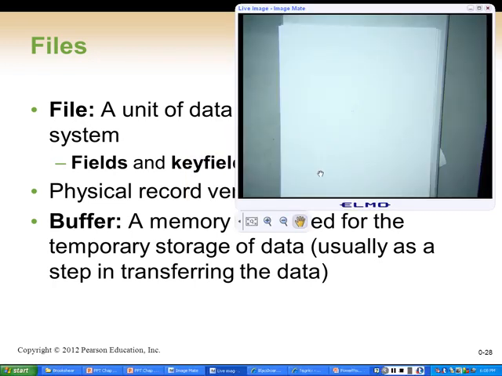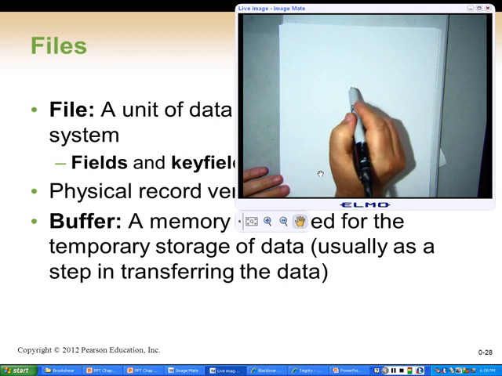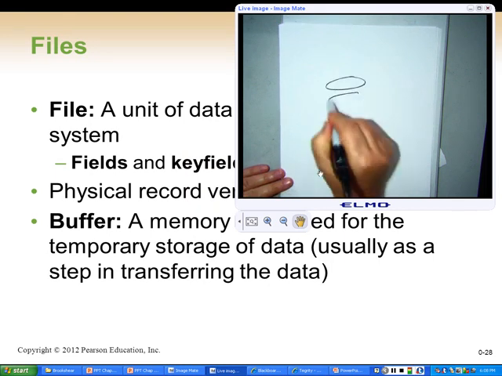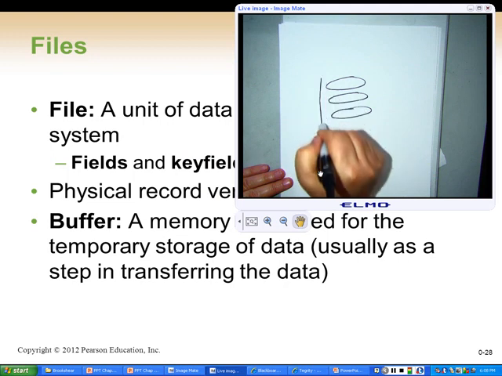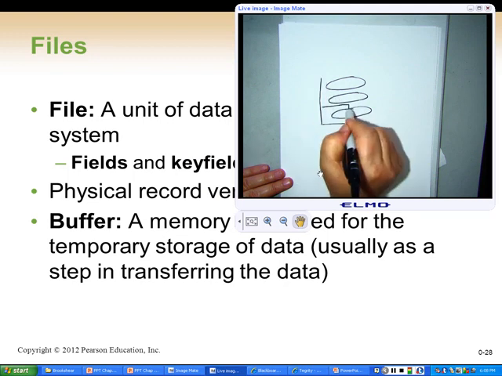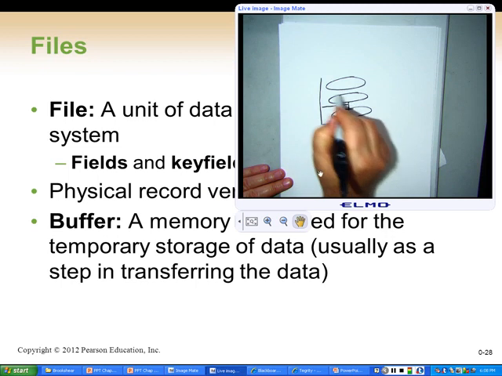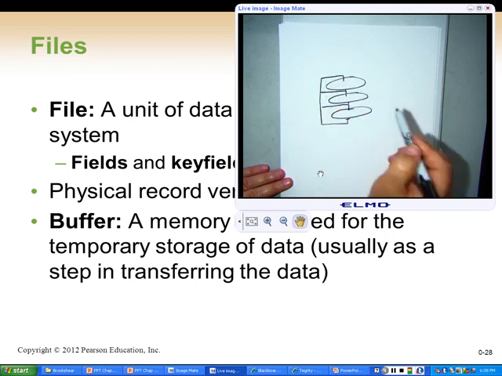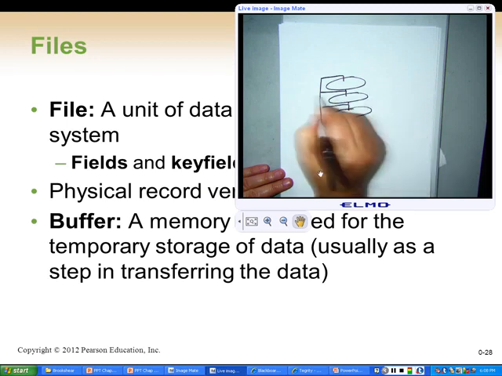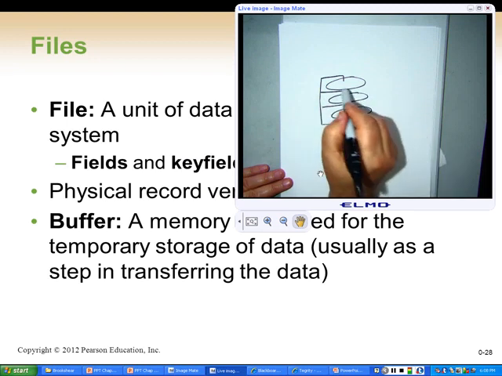If I am looking at the hard drive, for example, it's going to be 2 to 3 CDs on top of each other, and I'm going to have the arm. Remember, the arm is the moving part, and the moving part is always the slowest part in the computer. So they have this moving part to go in and out. If I want to write in a hard drive, I'm not going to be writing one file in one place.